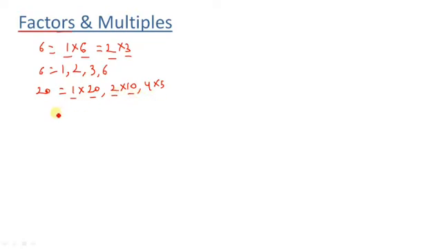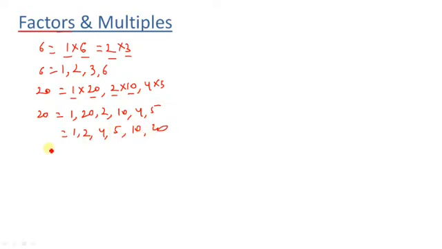So the factors of 20 are 1, 20, 2, 10, 4, 5. While writing factors, we always write from the smaller number to the greater number, to understand better: 1, 2, 4, 5, 10, and 20. These are the factors.